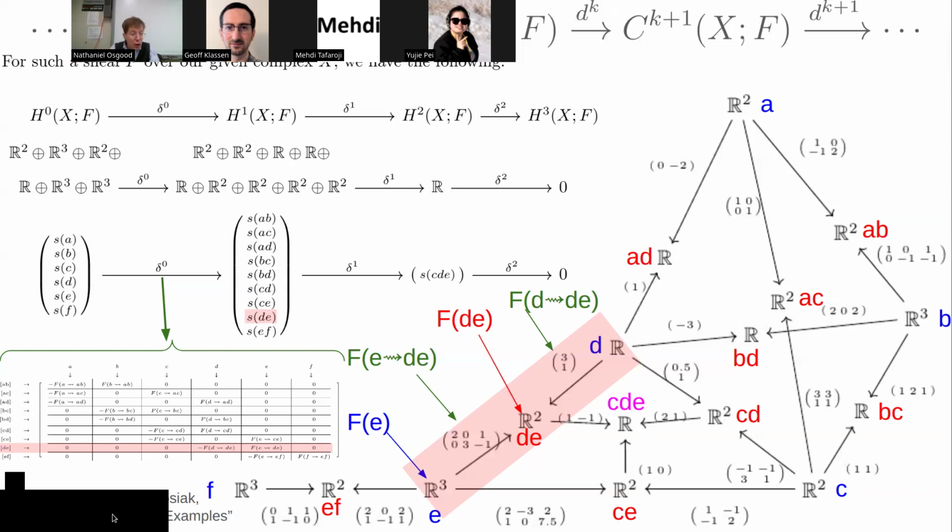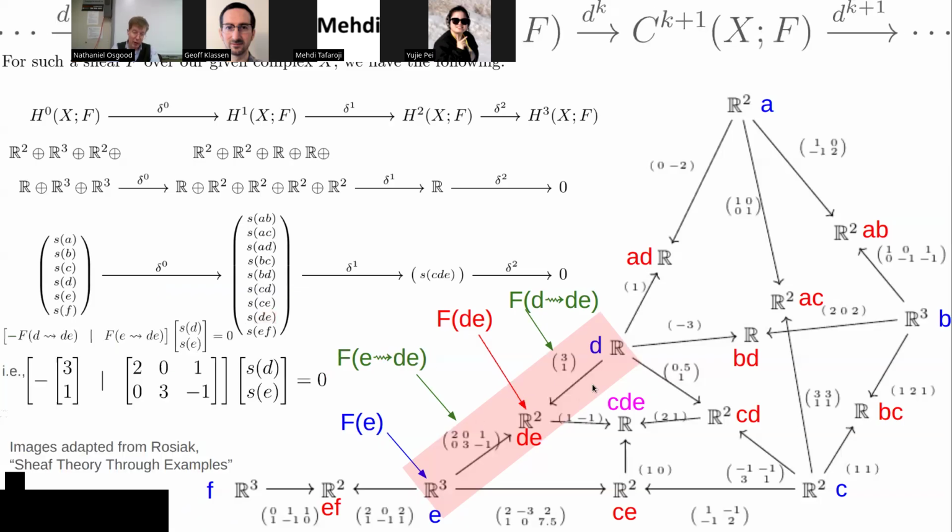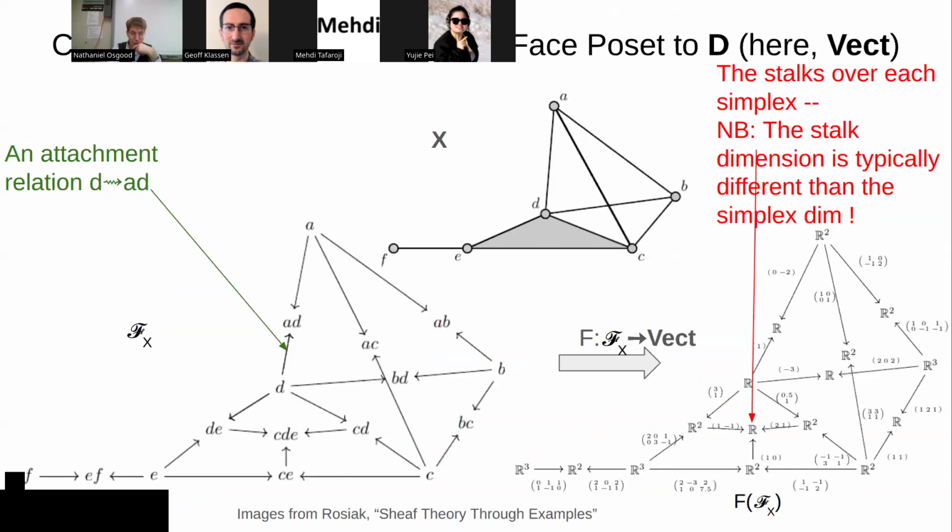You can imagine that maybe you cannot find the kernel for this matrix because of reasons you trace down to a few entries here. And that is going to let you potentially refine your sheaf to allow you to identify data that would be consistent.